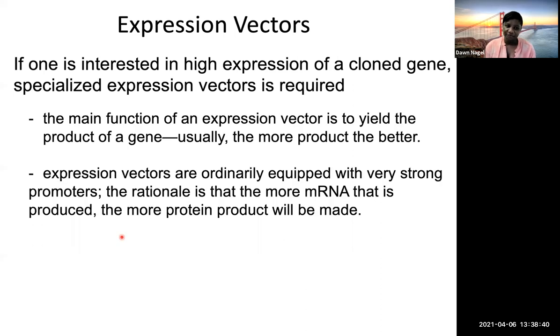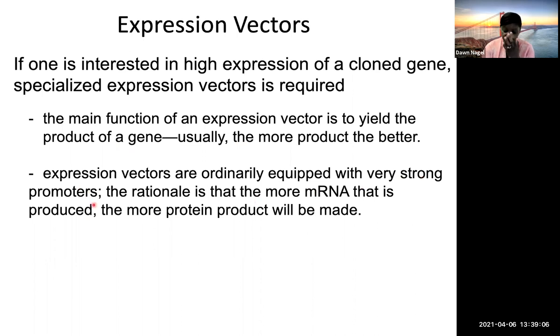So the main function of an expression vector is to yield the product of a gene, right? Because you're looking at a gene. So expression, when you think of gene expression, you're always thinking of a gene, right? How is this gene expressed, okay? And it needs to be expressed really well. The more product you have, the better. And in order to have a lot of that gene, you need to have a very strong promoter, okay?